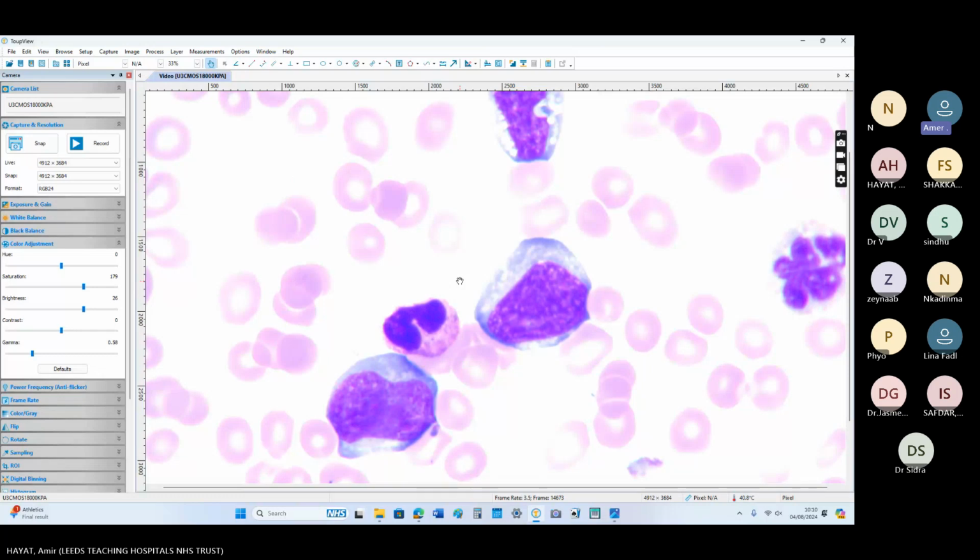You may be using glofitamab in your hospital or loncastuximab in your hospital. Epcoritamab is also approved now for DLBCL.